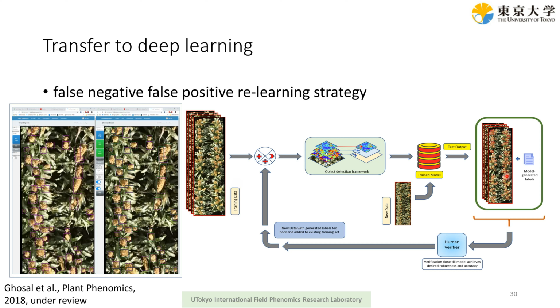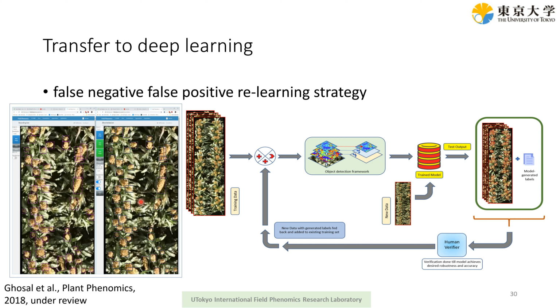and then feed it back. So feed this predicted data back to this web tool again, and have a human verify and check if the model missed some part or not. If it missed some part, add it. If it makes wrong predictions, just correct it.